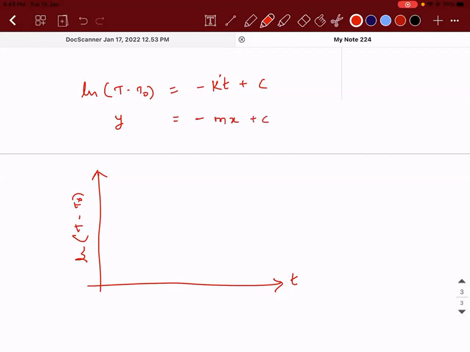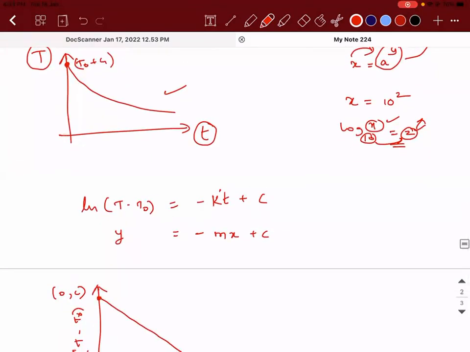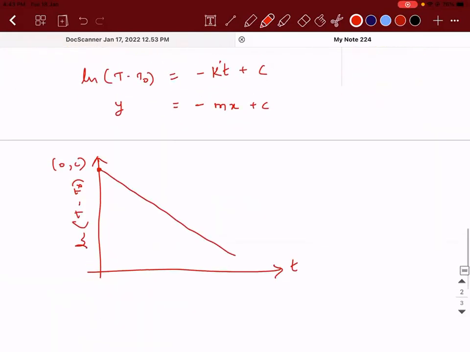Is it not looking like this format? Where m is k dash, t is x, and c is the constant. So y is equal to minus mx plus c is a straight line which is decreasing and whose y-intercept is 0, c. Did you understand the difference? There are two graphs related to Newton's law of cooling. One is the temperature of the object varying with respect to time t, and the second is ln of T minus T naught varying with respect to time t.